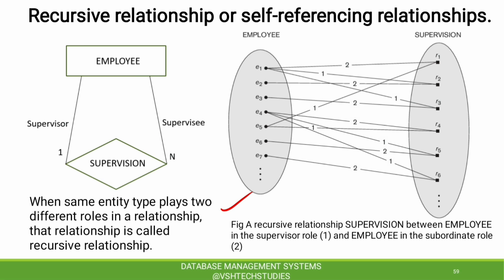So in this figure, a recursive relationship supervision between employee in the supervisor role, that is 1, and employee in the subordinate role, that is 2, is shown. So wherever 1 is there, it shows supervisor role. Wherever 2 is there, it shows supervisee role.